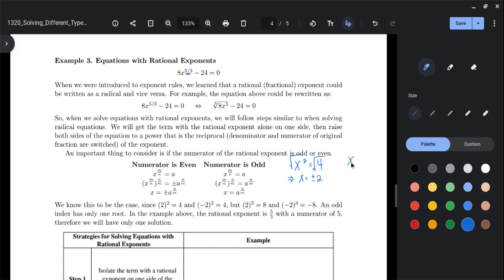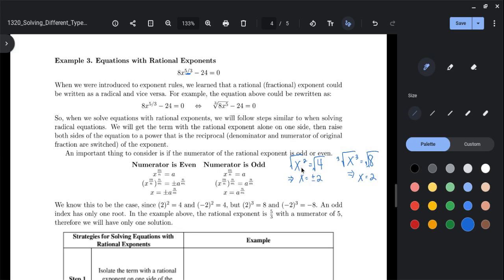But if I have x cubed equals 8, and I take the cubed root of both sides to solve for x, I only get that x equals the positive 2. And the reason is, think about it this way.